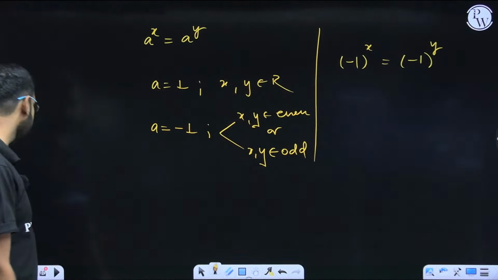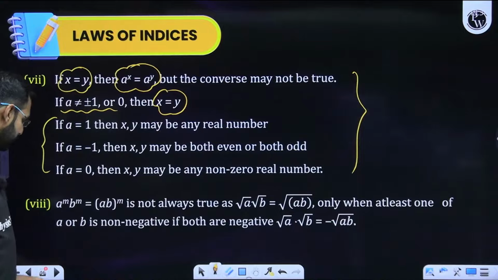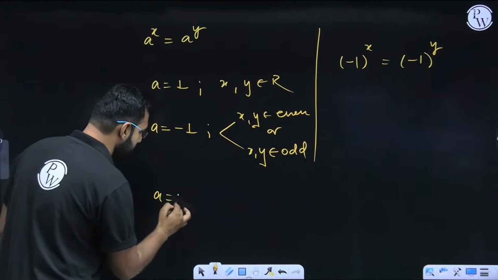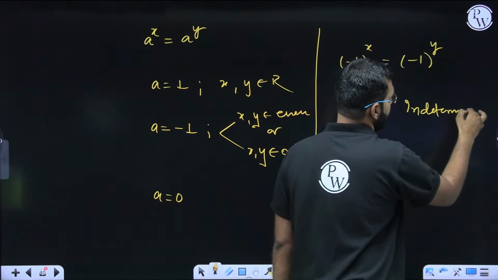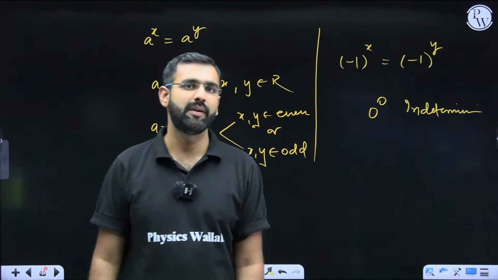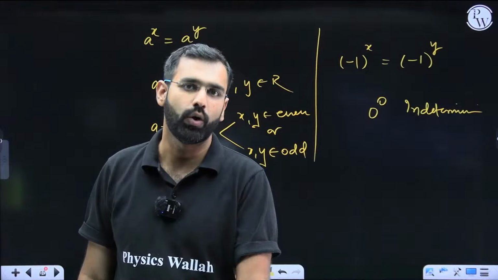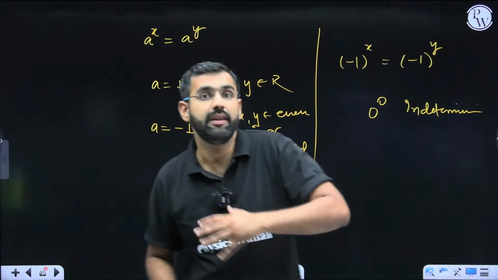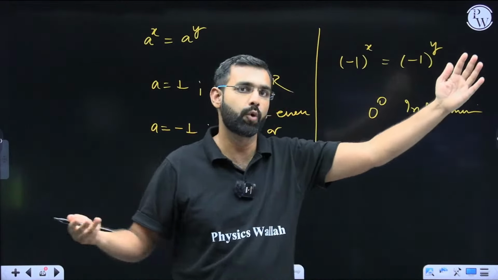Now the third conclusion, if a is 0. If a becomes 0, then of course we know in mathematics 0 to the power 0 is an indeterminate form, which means it cannot be figured out. I'm not talking about infinity. Infinity is an amazingly large number, and we can approach infinity.